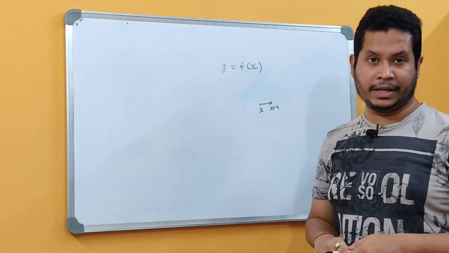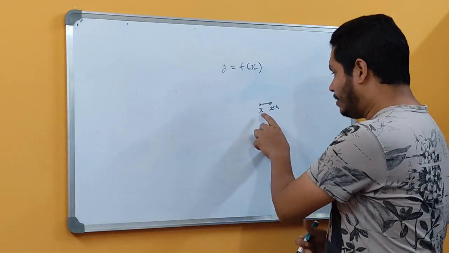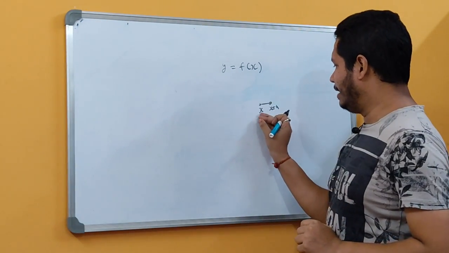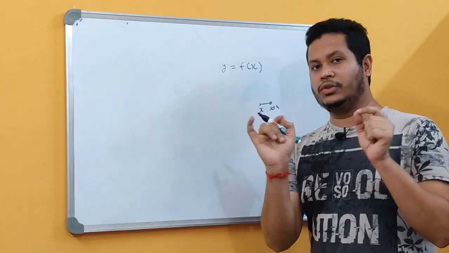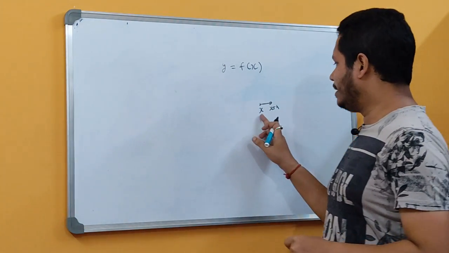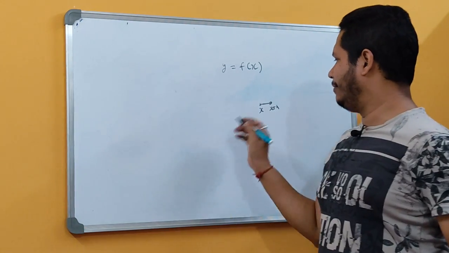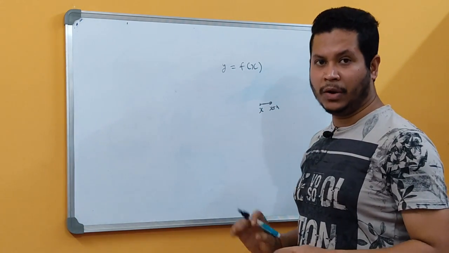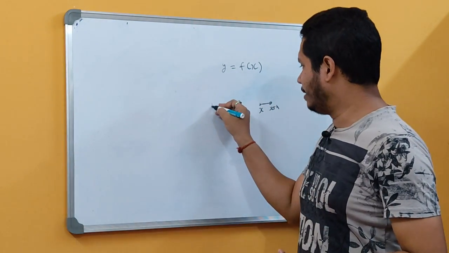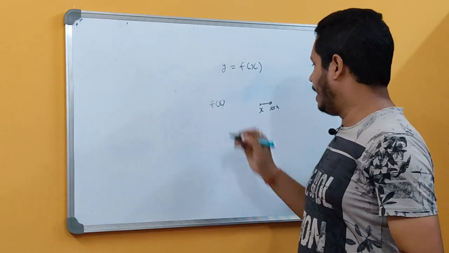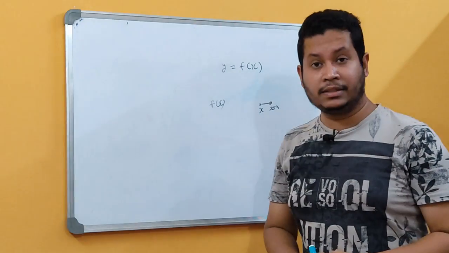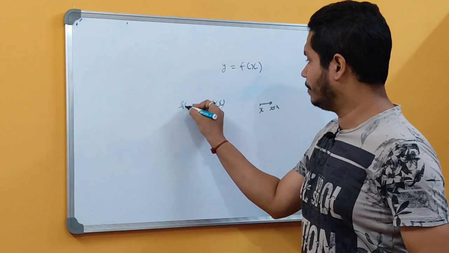Now let us find that rate. As we have just discussed, these are the 2 points which are very close to each other, so obviously the output of the first point x is going to be f(x), and the output of the point x plus h is going to be f(x plus h).